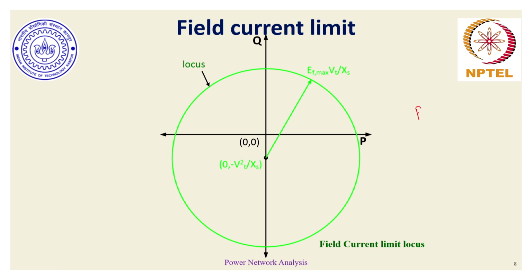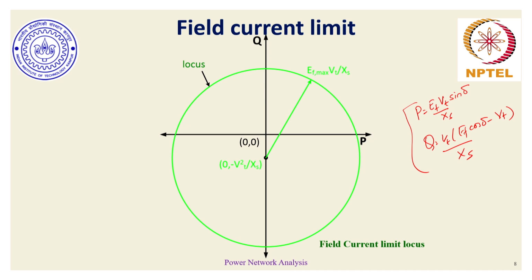So, we remember P is EfVt sin delta by Xs, and Q is Vt Ef cos delta minus Vt squared by Xs. Using these expressions, is there a way to mark the angle delta on this PQ complex plane that we have?